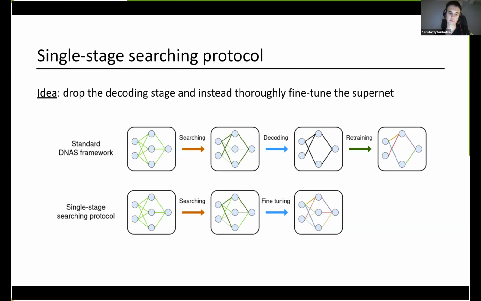Here, instead, we do not discretize the supernet; we just freeze its architecture parameters and fine-tune our operation weights. So we treat the optimized supernet as our final model, and we use this model in inference. You can think of it also as having a continuous architecture instead of projecting it into the space of discrete architectures.